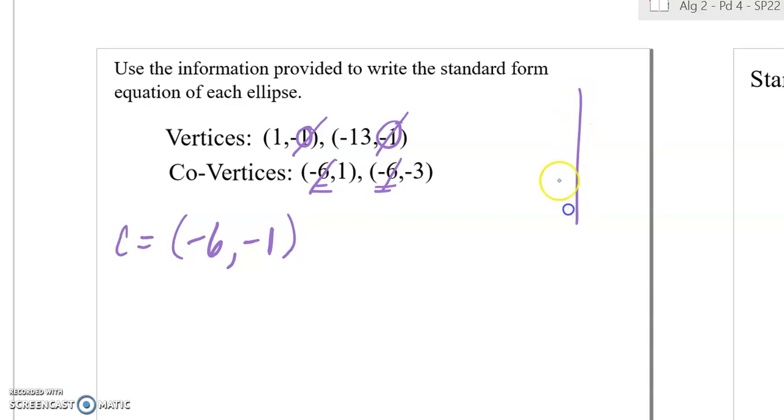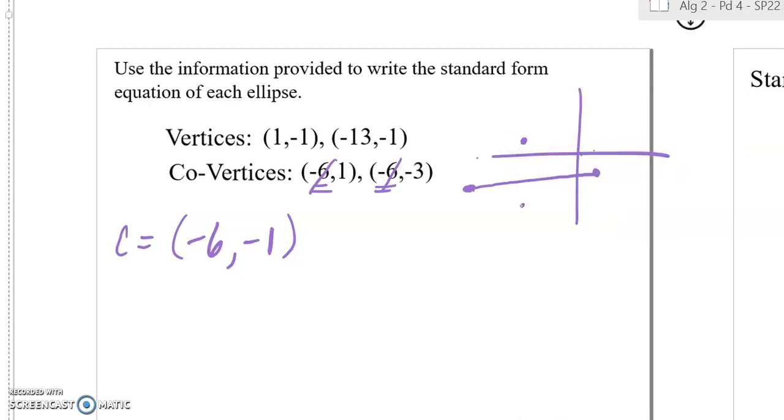If you need to sketch, you can. It would be 1, negative 1, negative 13, negative 1. So that's going to be this distance where you're going to get negative 6, 1, and you're going to get negative 6, negative 3, and that's that distance.